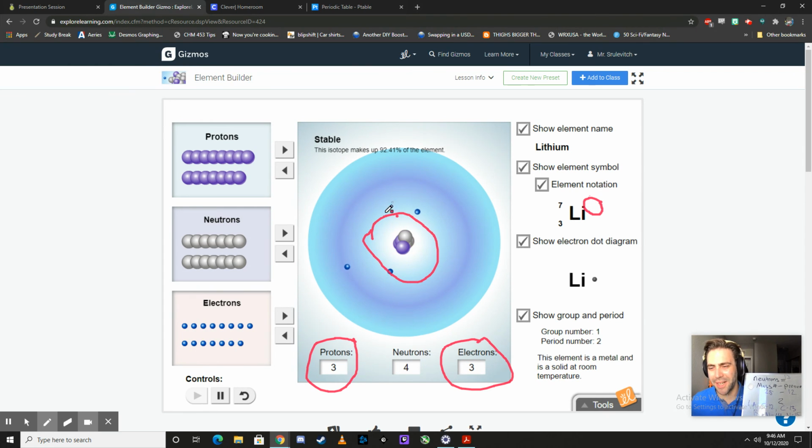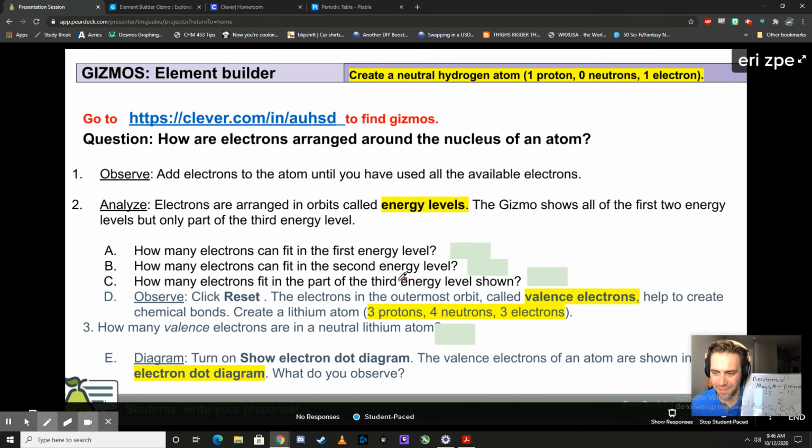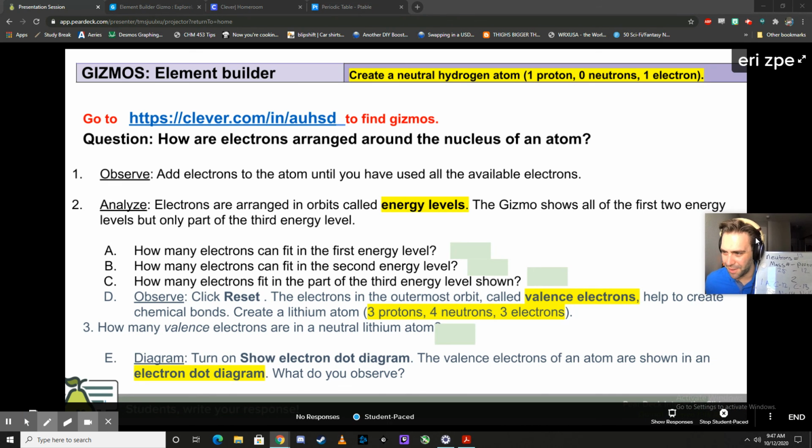So that's one energy level there. The second energy level is right here, right? But in that energy level, we only have 1 electron. So there's 1 electron in the valence shell, or valence orbital, of the lithium atom. Again, this is covered up by my face, so let me move a little bit.